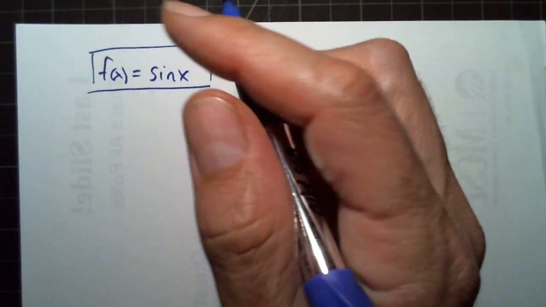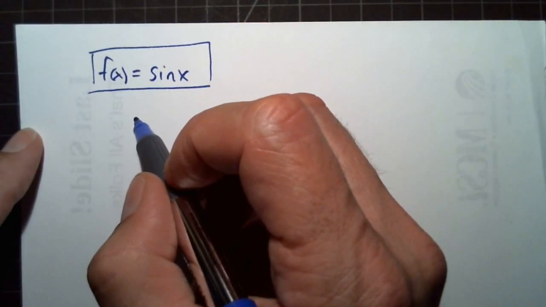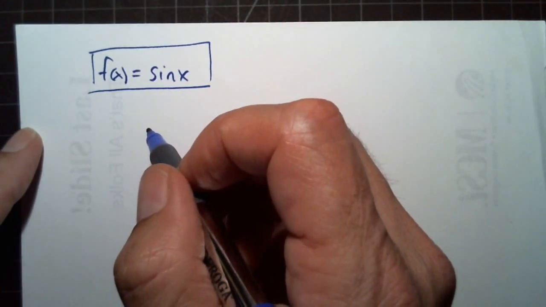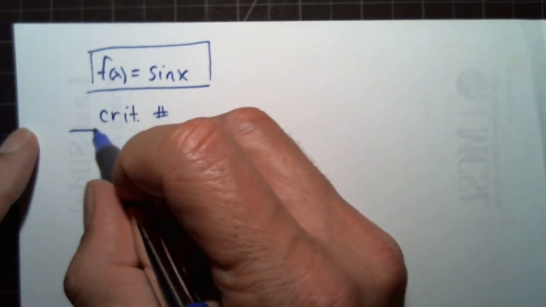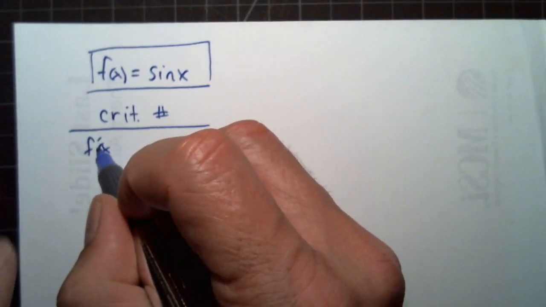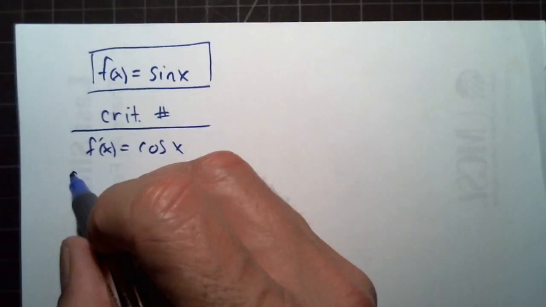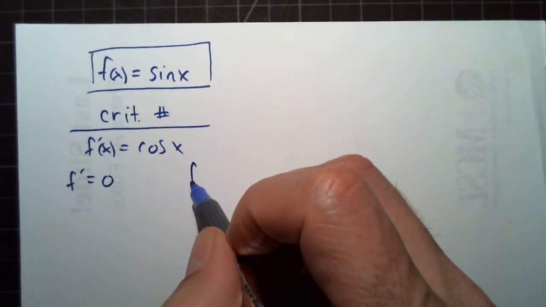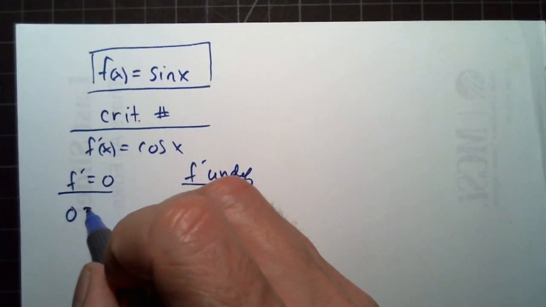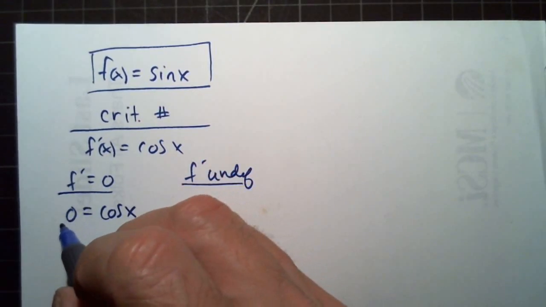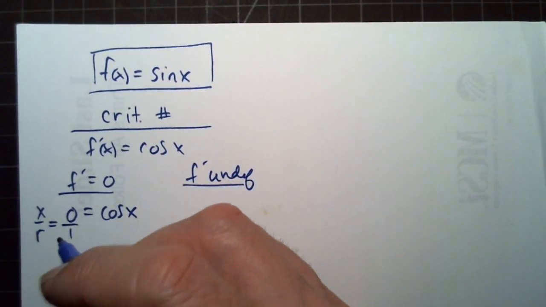Alright, and with the trig, let's go through this one together. Same question, find intervals of increase, decrease, and relative extrema. Let's find the critical numbers. That's when we look at the derivative. Here it's cosine, and we want to find out when f prime is 0 and f prime is undefined. Cosine equals 0. We want to find out when x is 0 and the radius is 1.